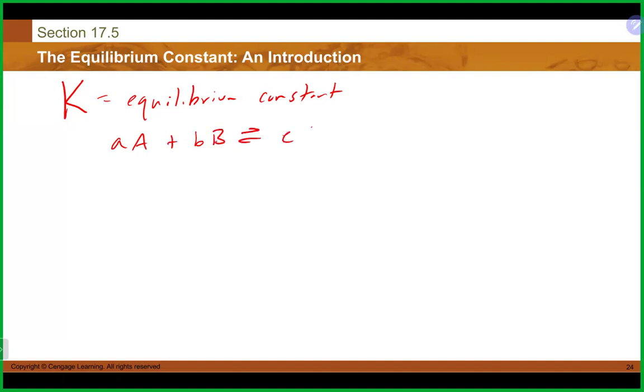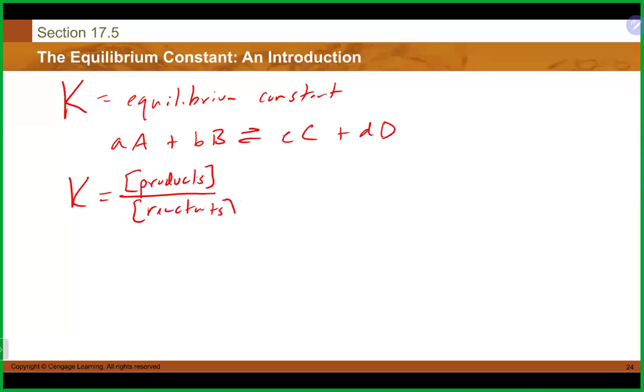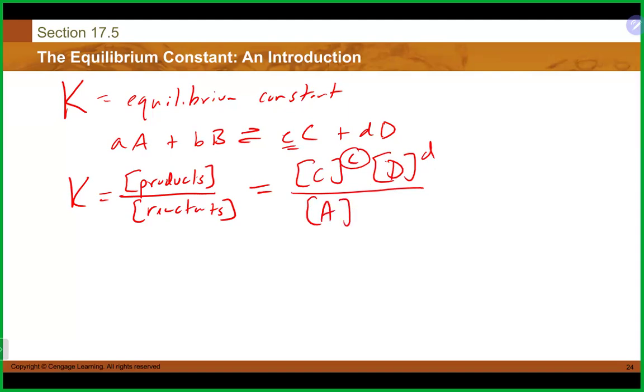The way that we calculate the equilibrium constant is K is equal to the concentration of our products divided by the concentration of our reactants. In this particular example, it would be the concentration of C to the c, so whatever the coefficient becomes the exponent, our D to the d, divided by our A to the a and our B to the b. So it's basically our products over reactants.